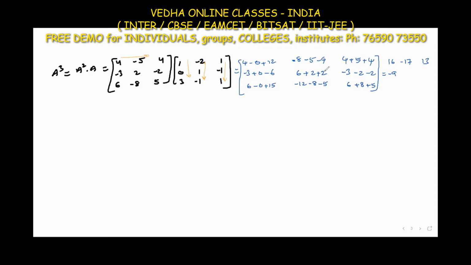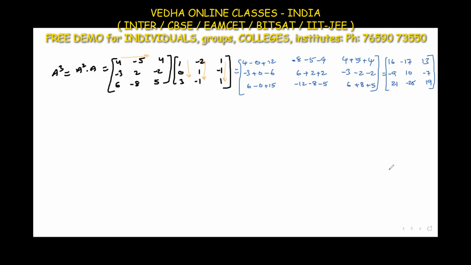Next one: 8, 10, this is minus 5, minus 7. Next, here 15 plus 6 is 21, minus 25, and next number is 6 plus 8, that is 14 plus 5, 19.